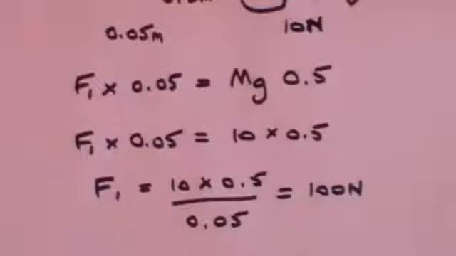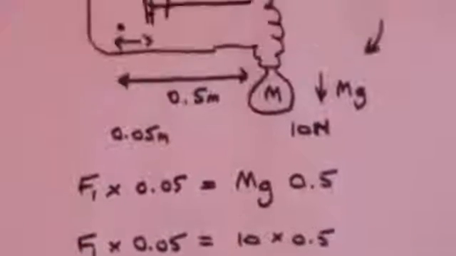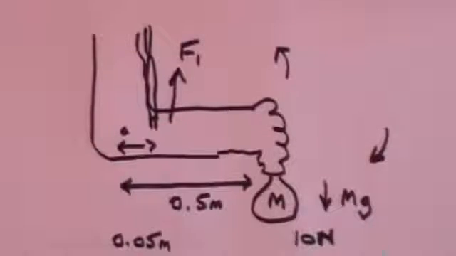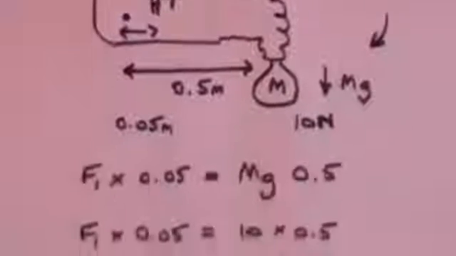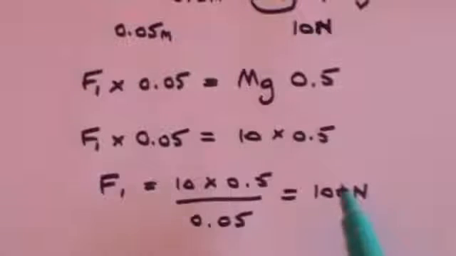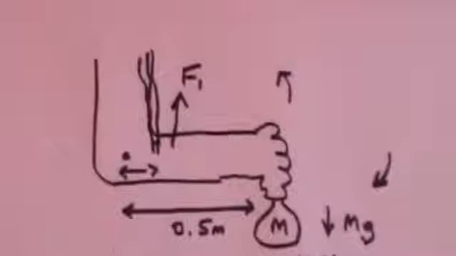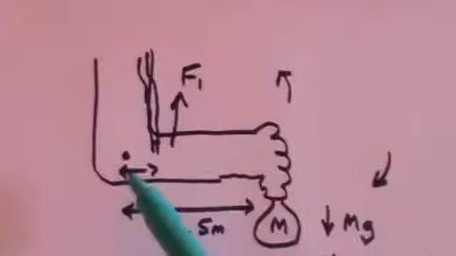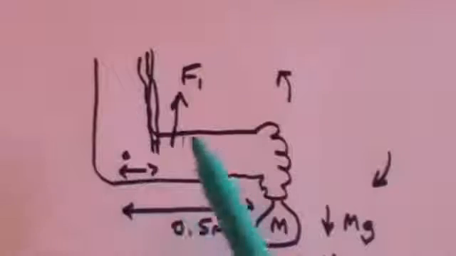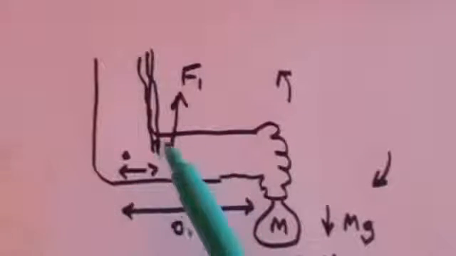So nature has not been very efficient. In order to lift a weight of 10 newtons, my muscles have to apply a force of 100 newtons because, in this situation, the load is further away from the turning point, or the fulcrum, or the pivot, than the muscle is.